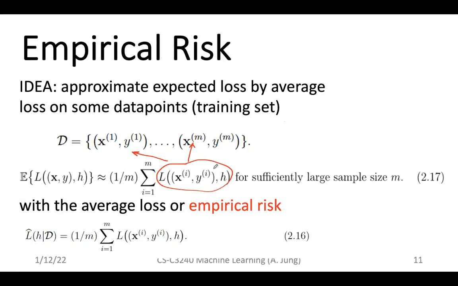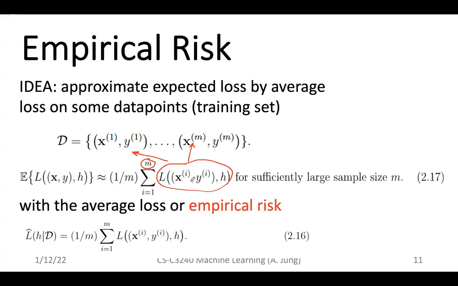And it can be made precise that if this m, this number of data points in this data set, which we call sample size, is large enough, then this becomes a very good approximation of the expected loss, or the expectation here, or the risk. And this average loss is what we call empirical risk.